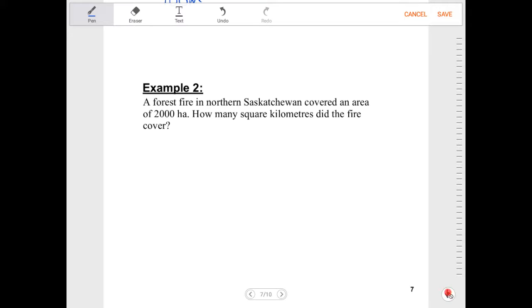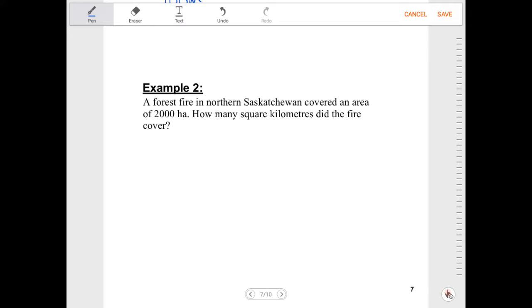All right, let's try another one. A forest fire in northern Saskatchewan covered an area of 2,000 hectares. How many square kilometers did the fire cover? When you do this question, you're going to want to have your conversion table or your formula sheet with you. This is not so much a calculating the area question, it's more of just a conversion. So we need to know the values.